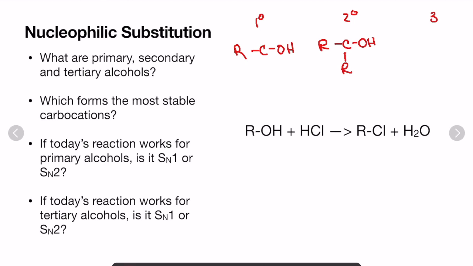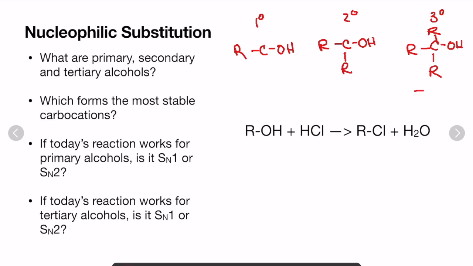And for tertiary alcohol, I'm sure you've guessed by now, the carbon attached to the OH group is also attached to 3 R groups. Okay, so hopefully you remember which of these forms the most stable carbocation.